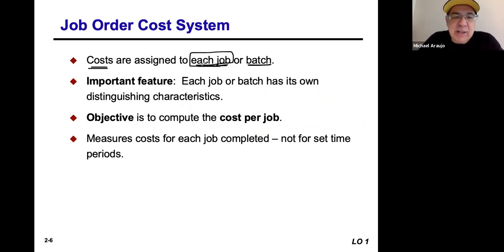Basically speaking, all the costs that you incurred in order to make the movie are assigned to that specific movie. Or a batch. Maybe you're printing wedding invitations.